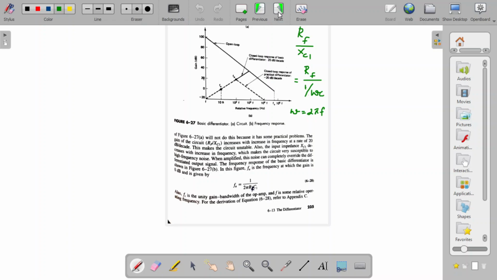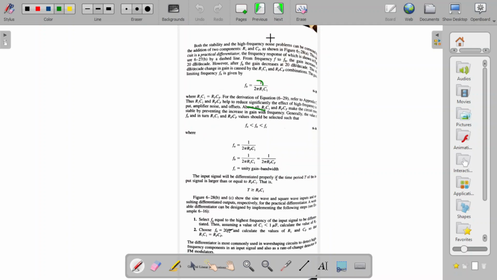Okay. So now we have three frequencies, FA, FB and FC, and you know that FA is the lowest frequency, FB is the next highest frequency and FC is the next highest frequency. So when you design the circuit, you have to keep in mind that FA should be less than FB, which should be less than FC. Here we know that FA is 1 by 2 pi RF into C1 and FB is 1 by 2 pi R1 C1 or 1 by 2 pi RF-CF.